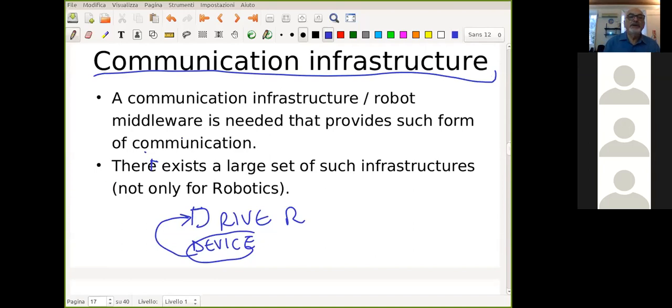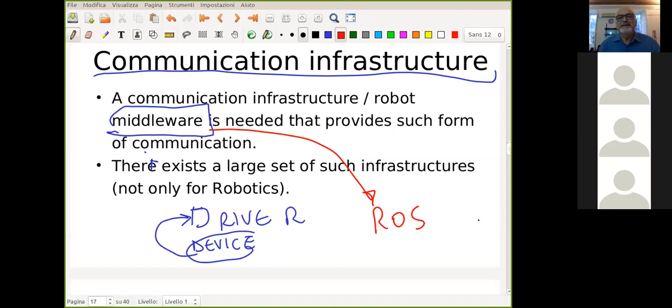Usually, the communication infrastructure is not given directly by the operating system, but by the so-called middleware. The most important example that you will see this semester, already mentioned many times, is ROS. That is an infrastructure as a middleware. It's not the only one.